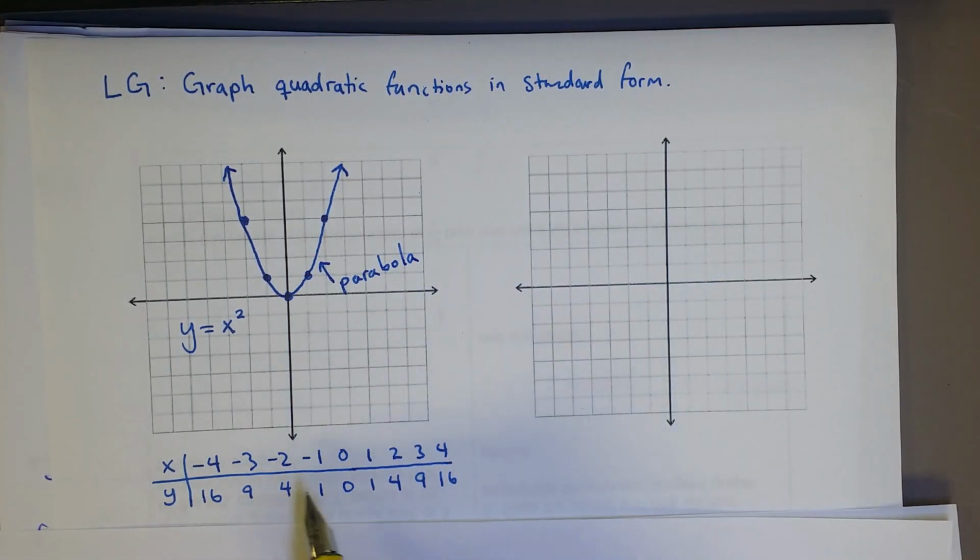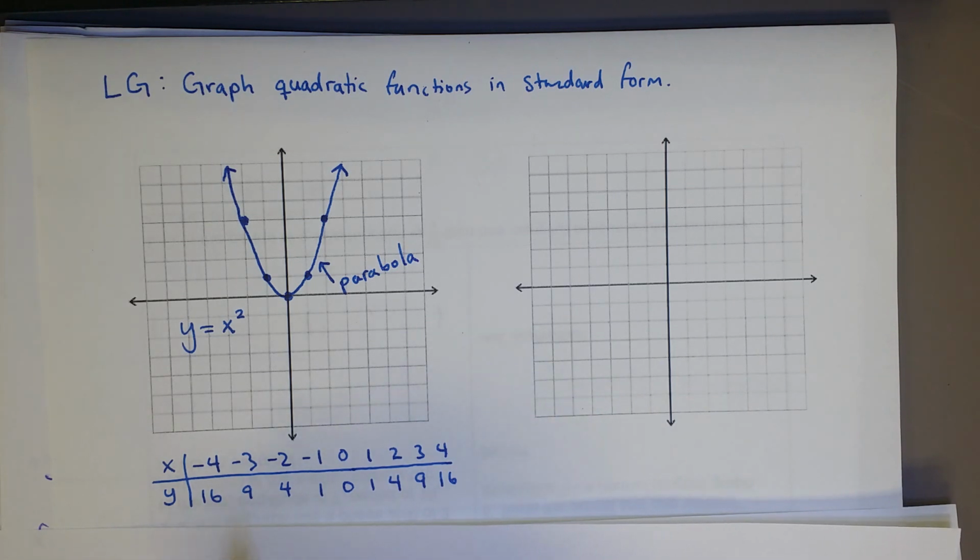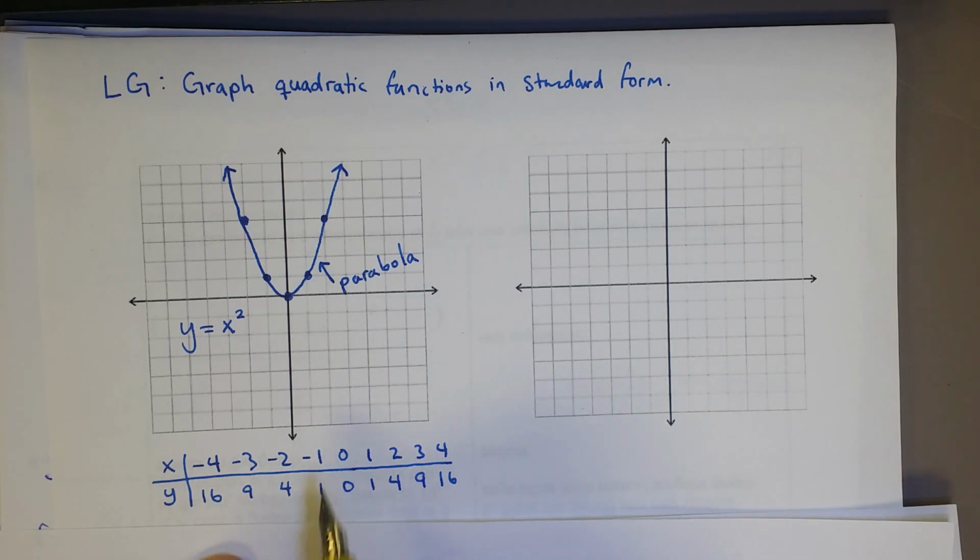And we can look at the xy table here first and notice, similar to the absolute value case, we've got some symmetry going on. We can see that we've got corresponding y values: 1, 1, 4, 4, 9, 9, 16, 16.